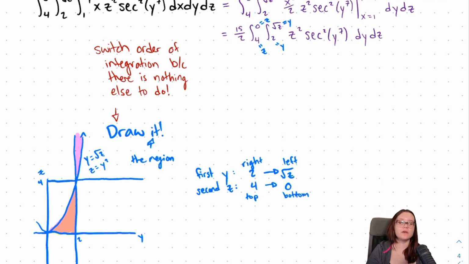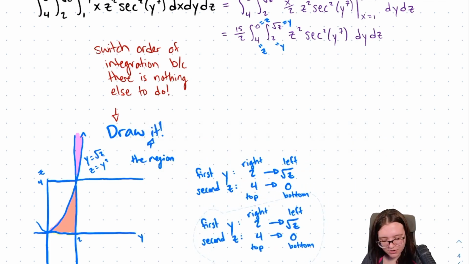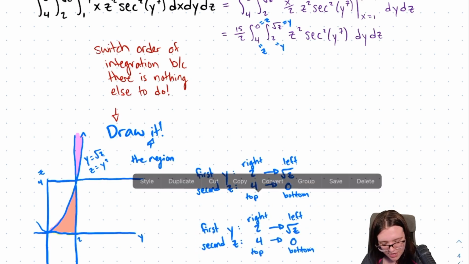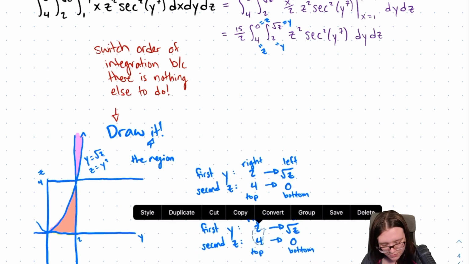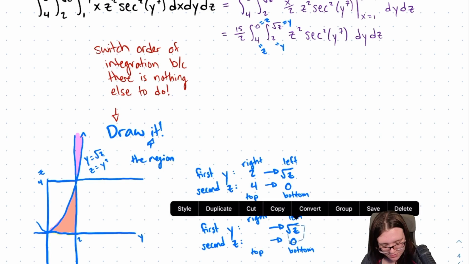Okay. So now we're going to switch the order. We're going to do z first and then we're going to do y. But we don't want to change the direction. It's very important that we preserve the direction of our integral. Otherwise, we might end up with a minus sign. We'll get the negative of the integral that we should get. So now, we haven't figured out what our bounds are yet.